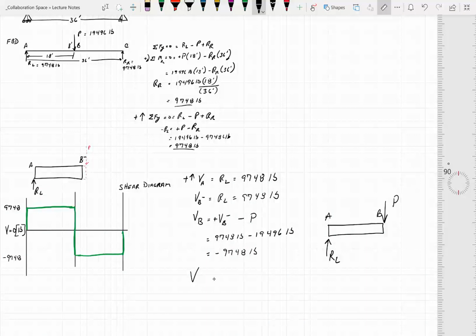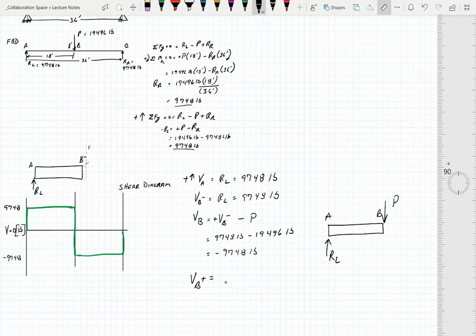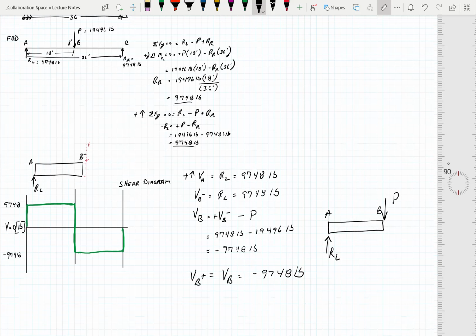So V at C is equal to, well, let's do this. V plus is equal to VB in this case, okay, which is equal to negative 9,748 pounds, okay?